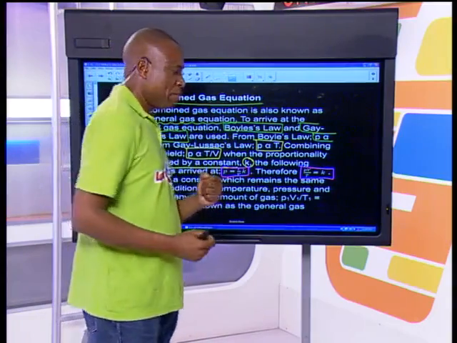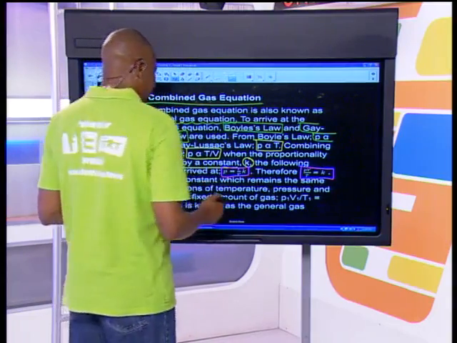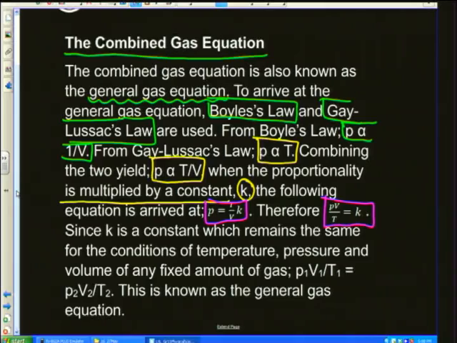It would mean that this first condition, P1 V1 over T1, will be equal to the second condition, P2 times V2 divided by T2. And when we have that, this is now called the general gas equation.